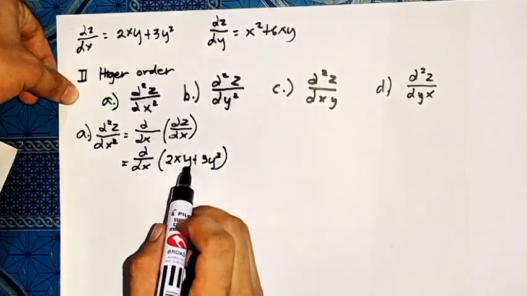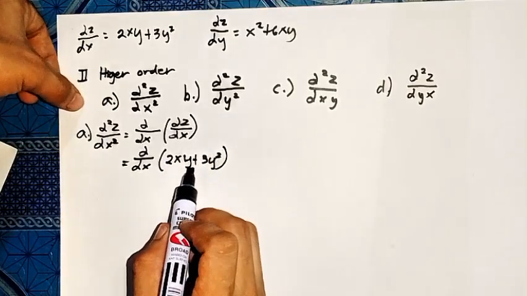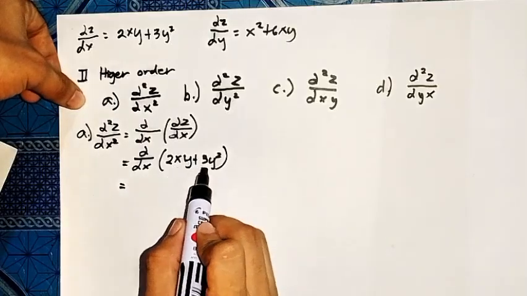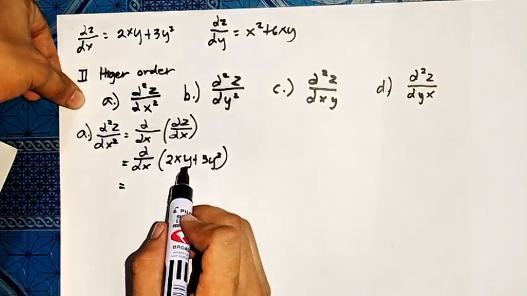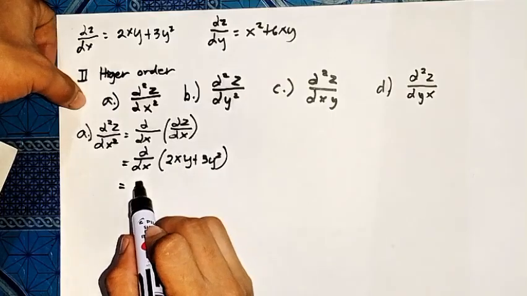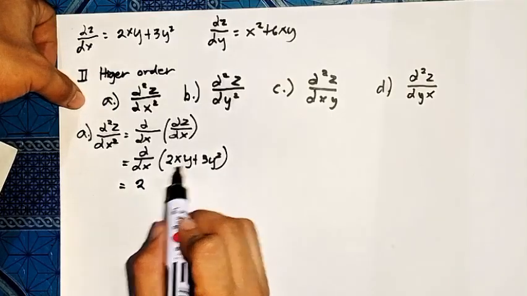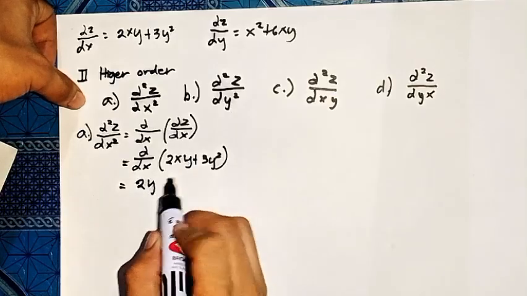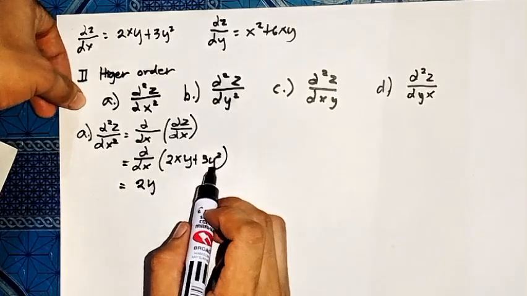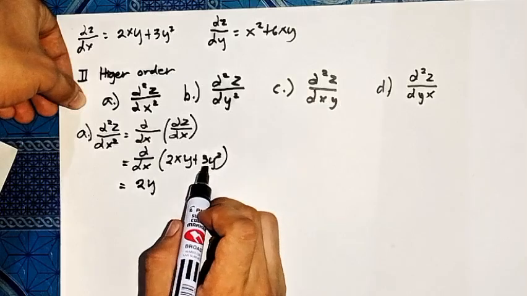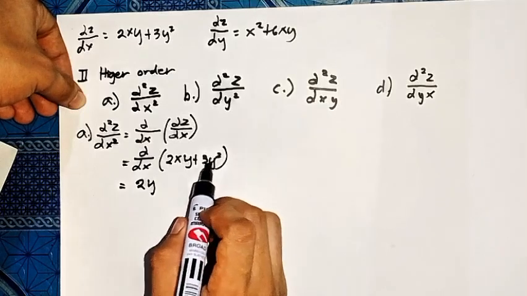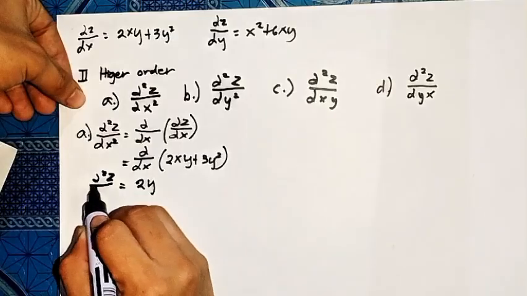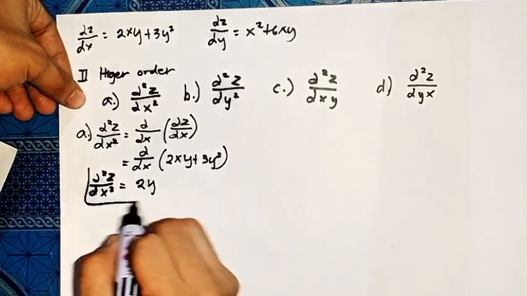Now we will derive this again with respect to x, because it is x squared, right? The derivative of 2xy with respect to x is 2, and y is a constant, right? So 2y plus 3y squared, and since 3y squared is constant, the derivative of a constant is 0. So our partial squared z over partial x squared is 2y.